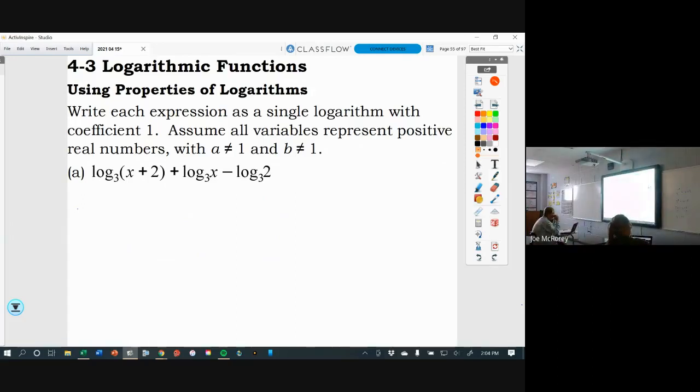Okay, give it a shot. I want y'all to write that as a single log statement. I'm done. I don't see anything written down.